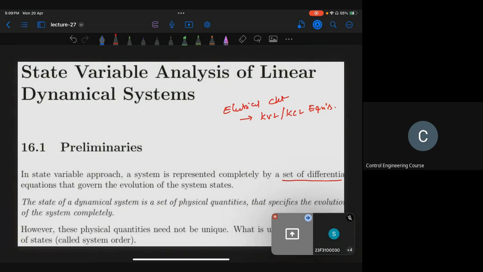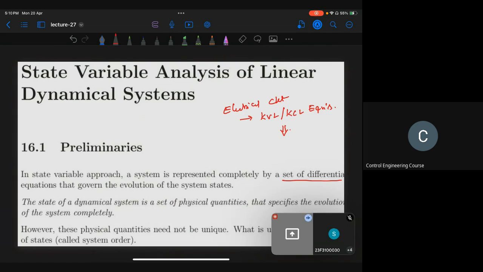When the circuit consists of inductors and capacitors, if the circuit consists of only resistors, voltage sources and current sources, you will not have derivatives and integrations.